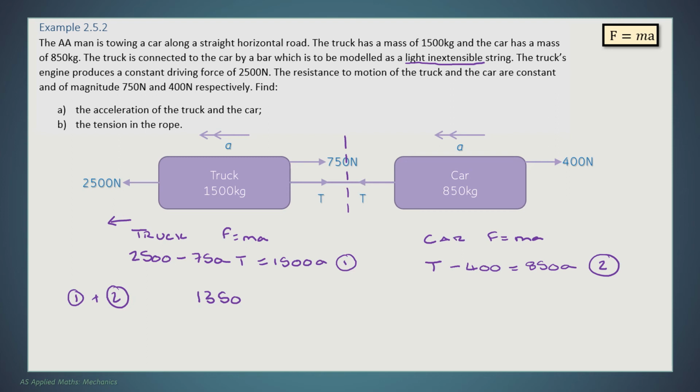The T's have been eliminated, and because I'm adding, I've got 2,350a. So we can work out that acceleration is equal to 27 over 47, which is equal to 0.57 to 2 significant figures.